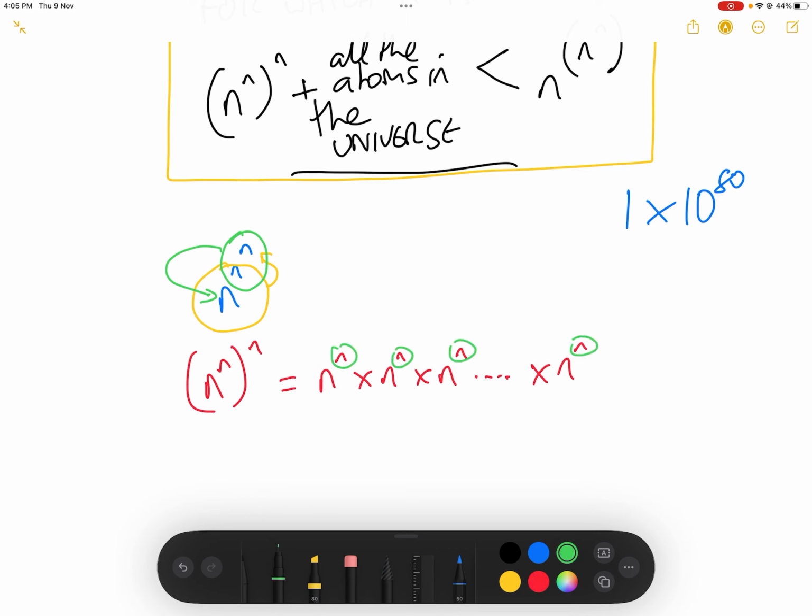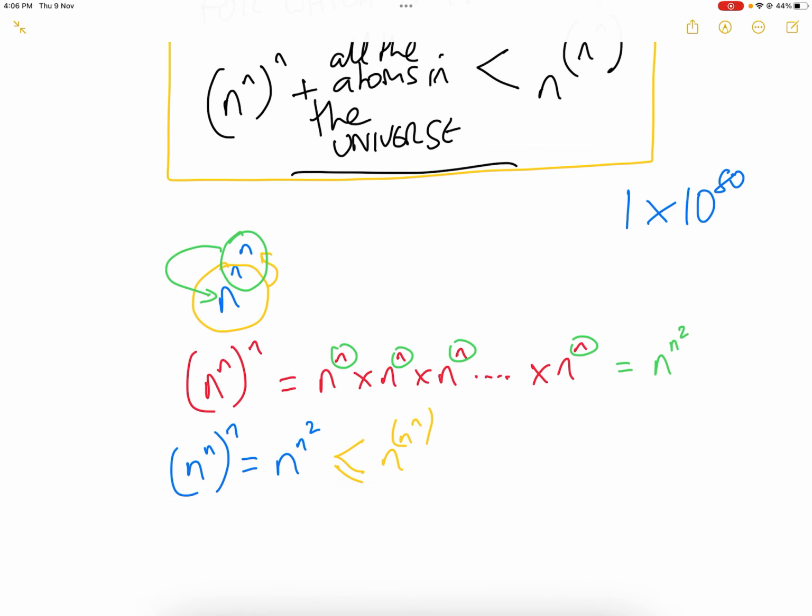There are n of these, and by the basic law of indices, that equals n to the power of n squared. So (n to the power of n) to the power of n is the same thing as n to the power of n squared, which is clearly less than or equal to n to the power of n to the power of n, depending on the values of n.